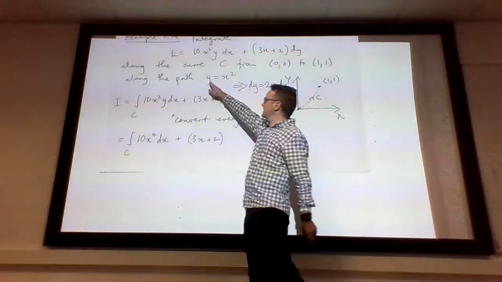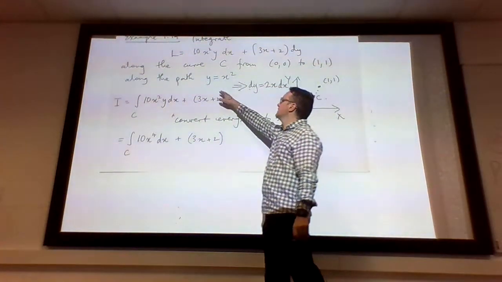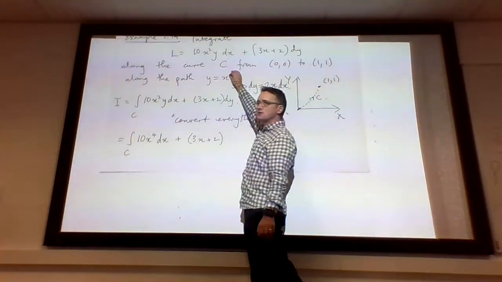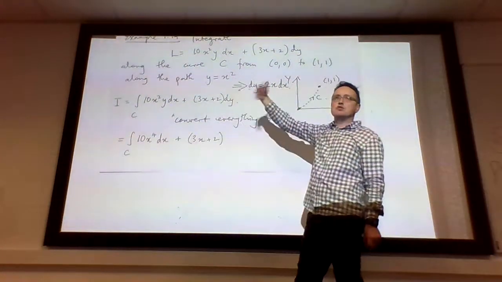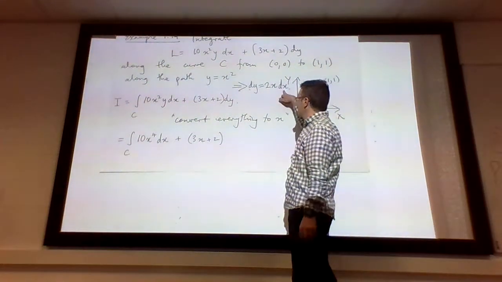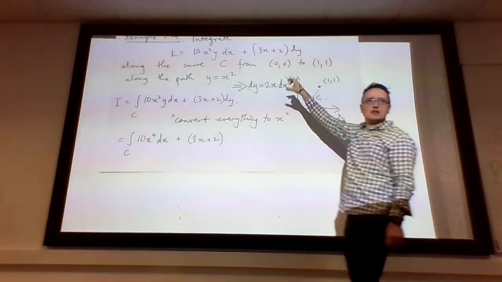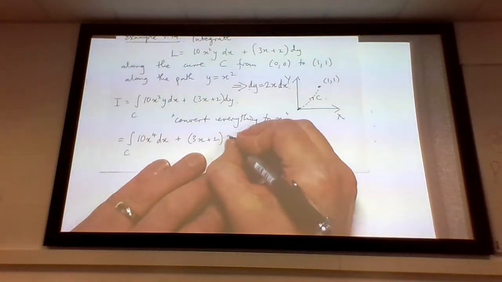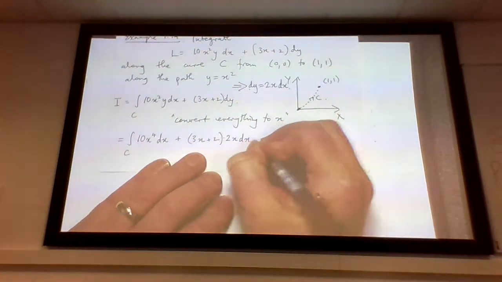Just taking the differential of each side, we get dy is equal to the differential of x squared, which by the chain rule is 2 times x, and then times the differential of x. So you get dy equals 2x dx.